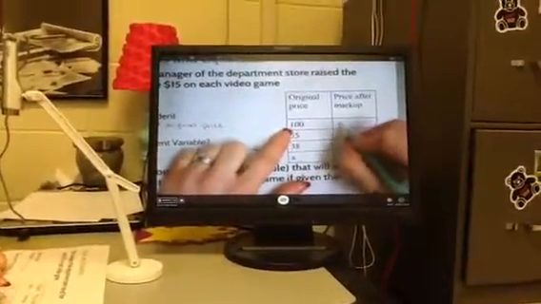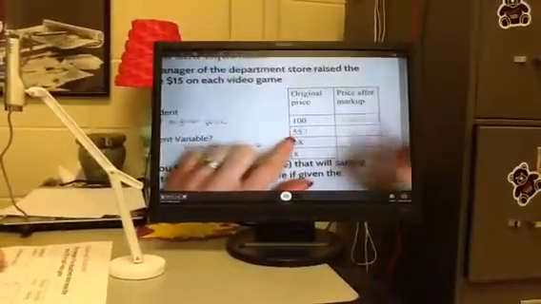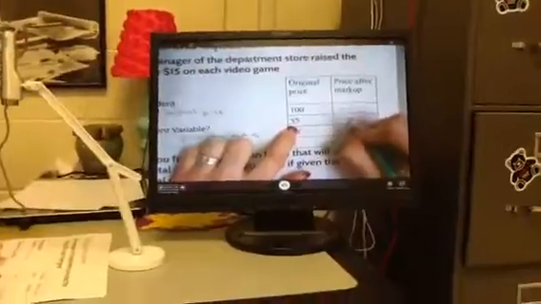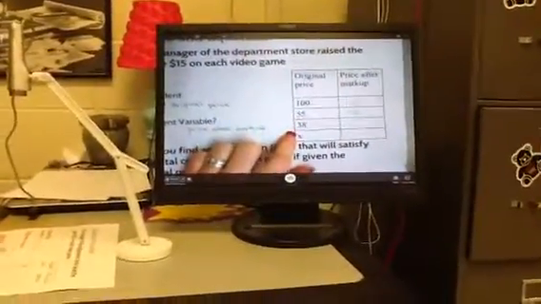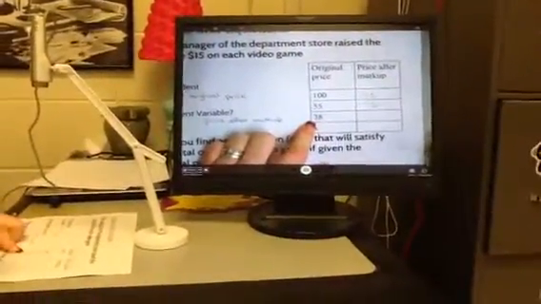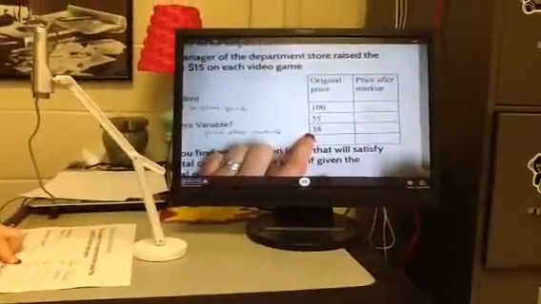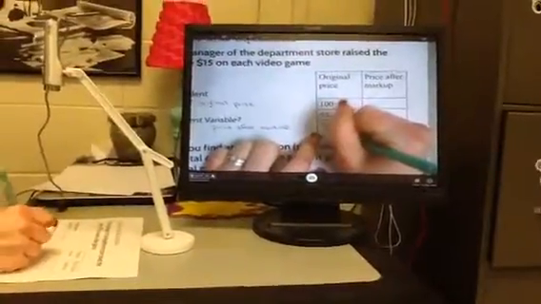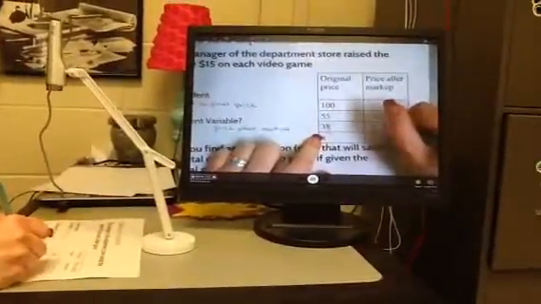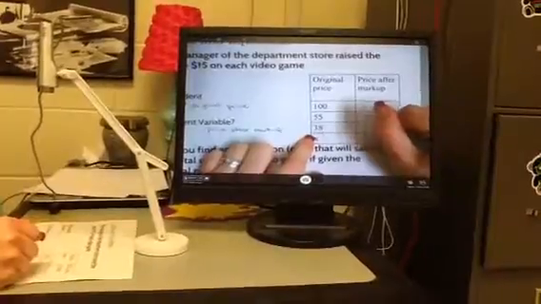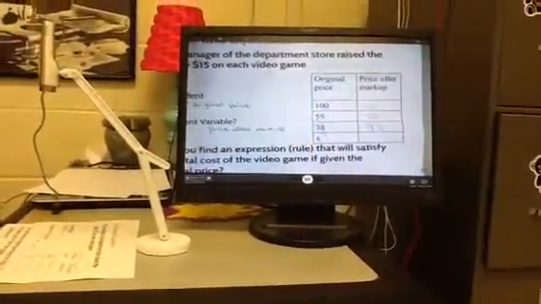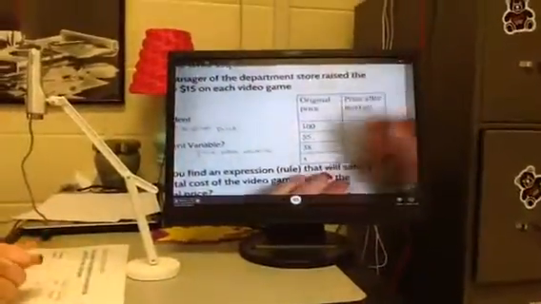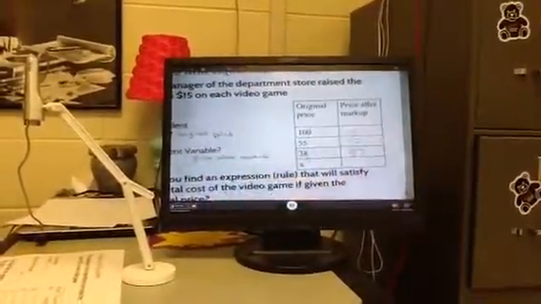So 100 plus 15 is going to be 115. 55 plus 15 is going to be 70. And then 38 plus 15 would be $53.